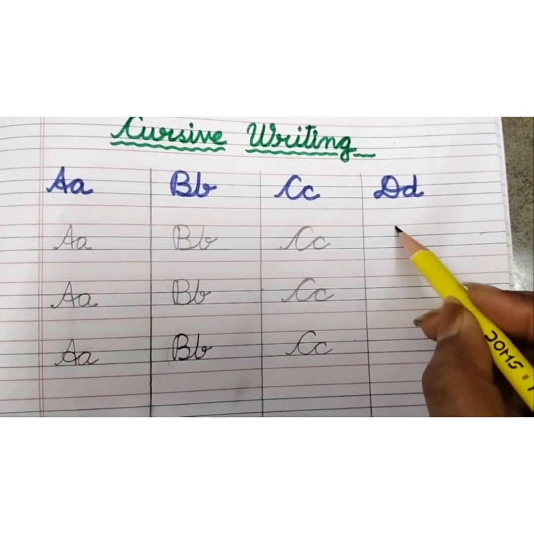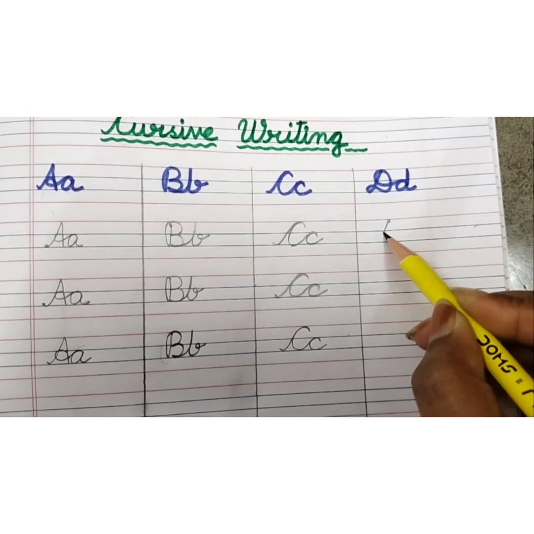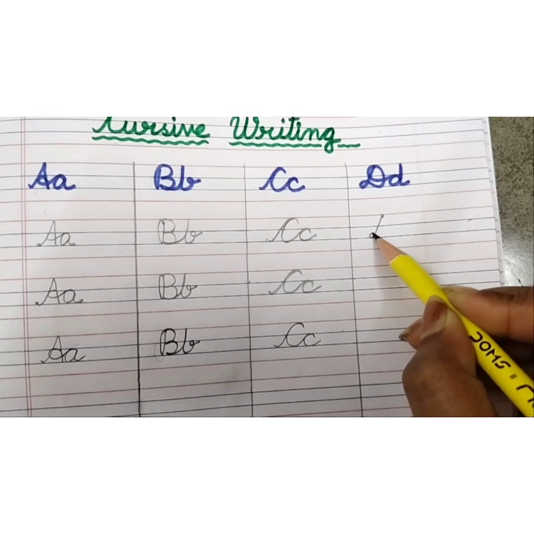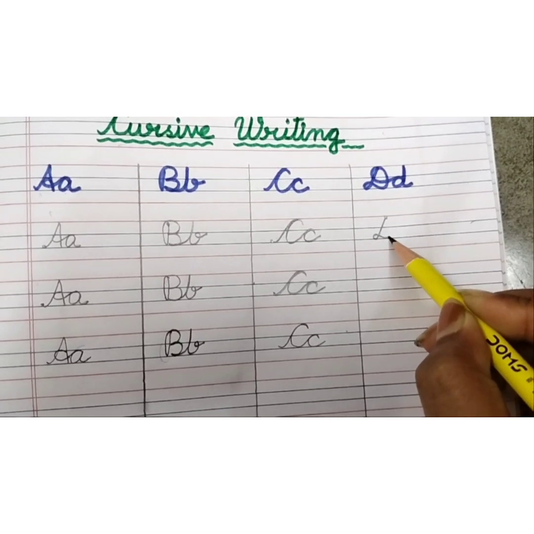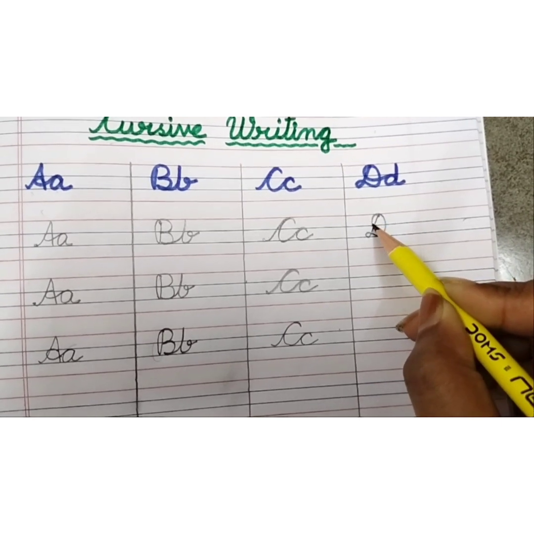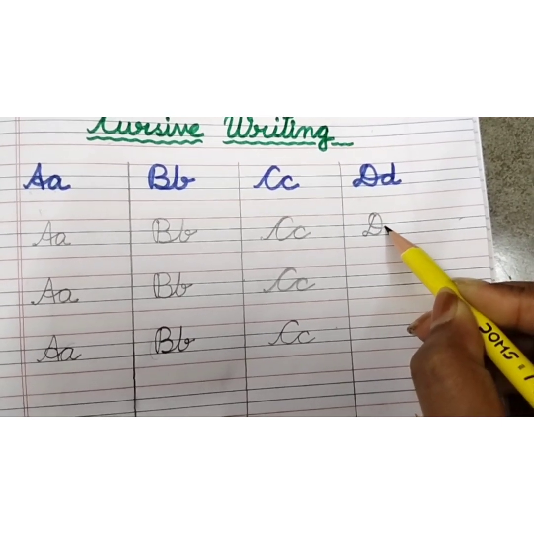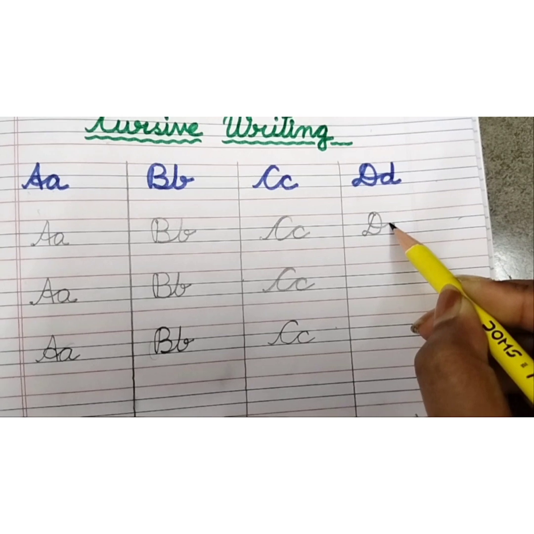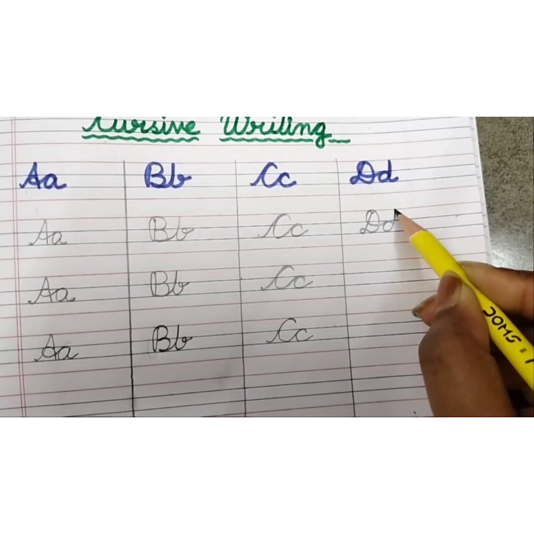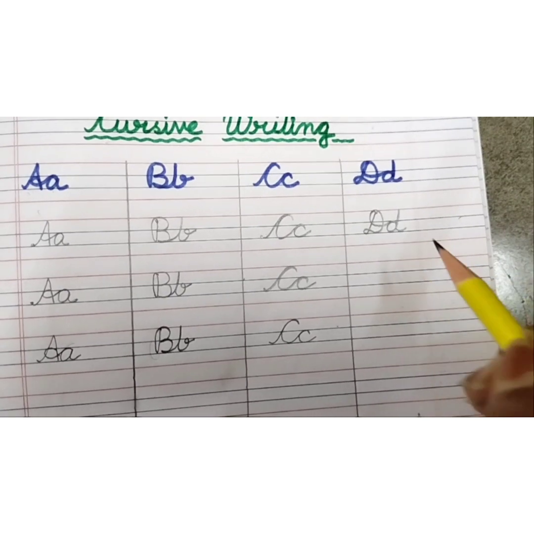From here, we will come down to the third line. Then we will make a small circle. And then we will go up to the red line and we will join for writing small d. In this way, we will write small letter d.